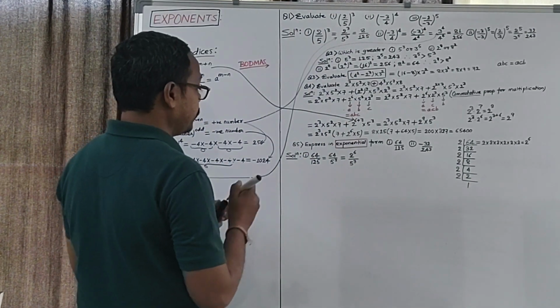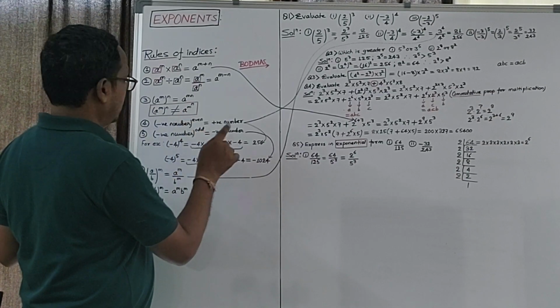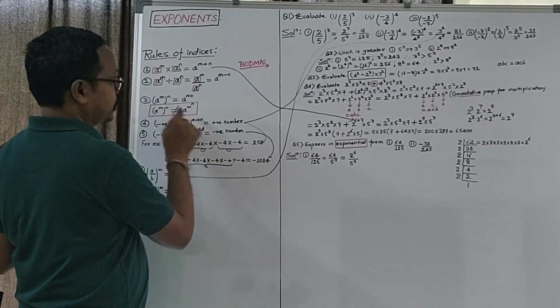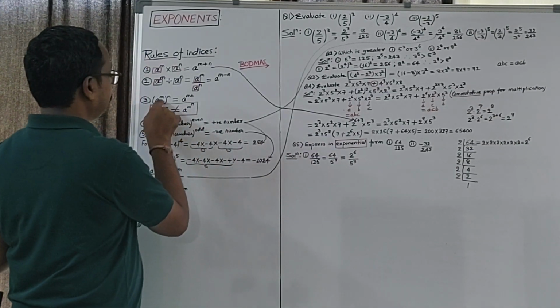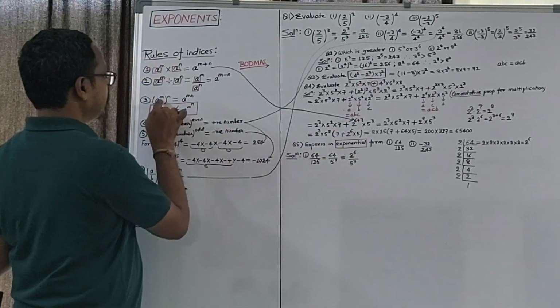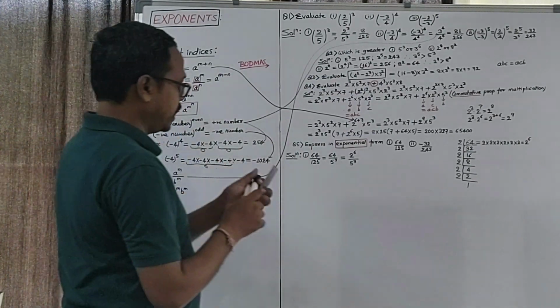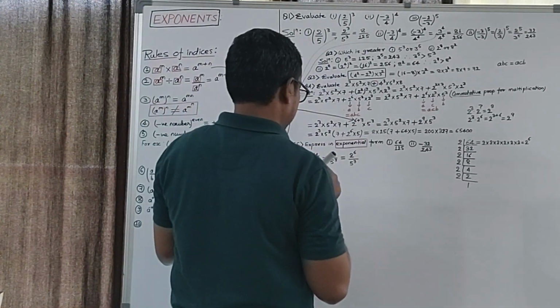Okay, we can do that. What we will do? We will go this way. Can we write 2 to the power 6 in this way?